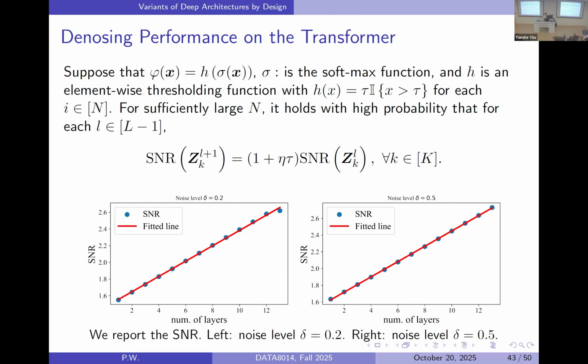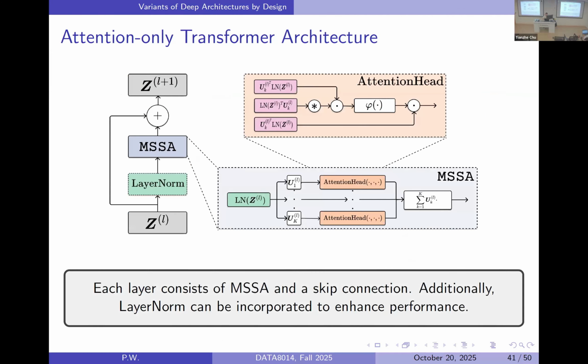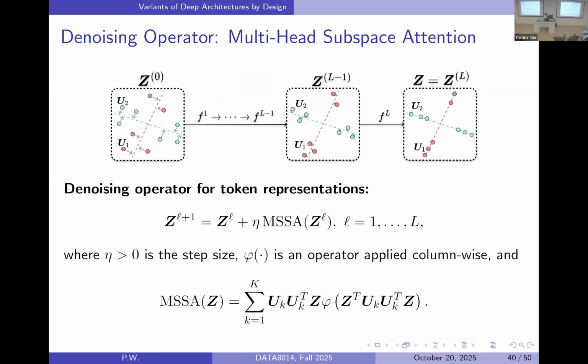Any questions? Actually, this result is from our last year's paper, and in that paper we also did lots of real-world experiments, like training this transformer on different tasks, like the vision task and also the language task, and took a look at the performance.